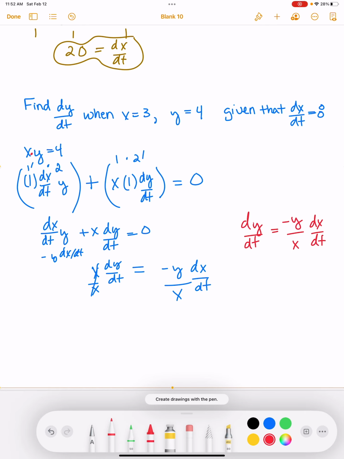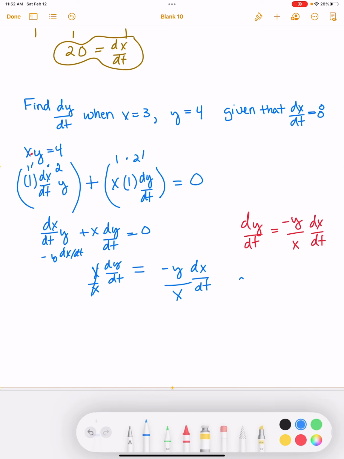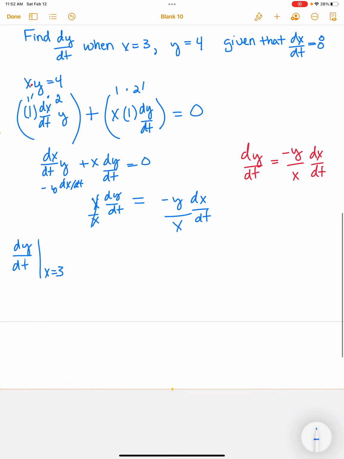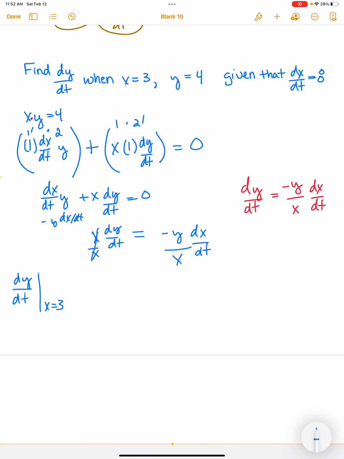So now let's find dy/dt when x equals 3. So we have dy/dt equals negative y, which is 4, over x, which is 3, times dx/dt, which is 8.